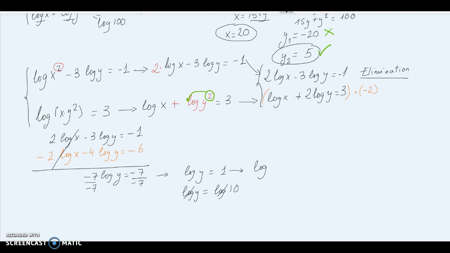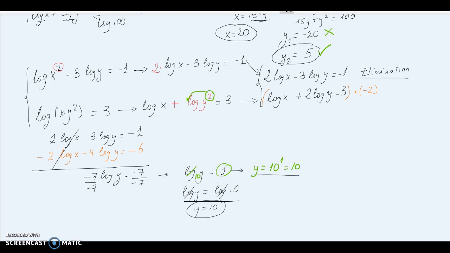If you want to eliminate the log, you have to write y equals, as the base is 10, 10 to the power of this number, 1. So this is 10. So you can use any way, okay? So y, in any case, is 10.